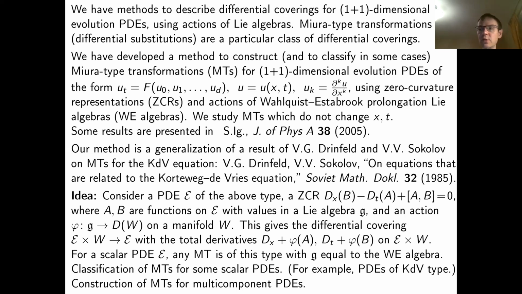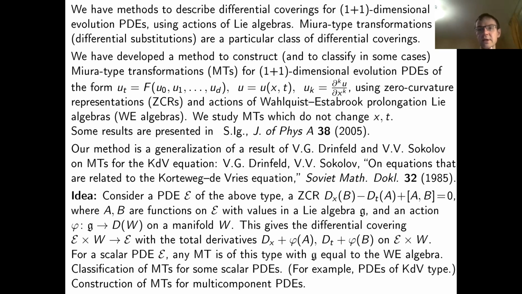Using this method, the most important Miura type transformations are listed in the paper of Dmitry and Sokolov. They come from the standard Lax pair of KdV, but not all Miura type transformations of KdV are listed there, because not all of them come from the standard Lax pair of KdV.